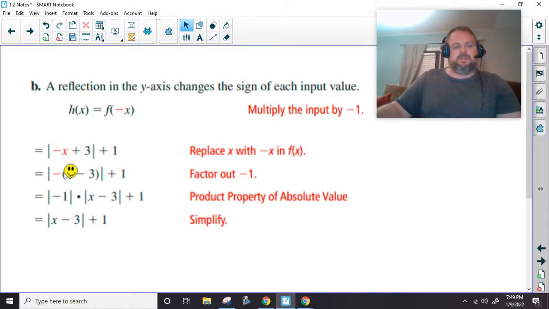So you plug it in. They want you to factor it out. I'm not a very big fan of these, especially with the absolute value, because really the only thing it did was, let's see, there's the original problem, and it just changes that to -3. It's one of these things. I'm going to teach it to you.